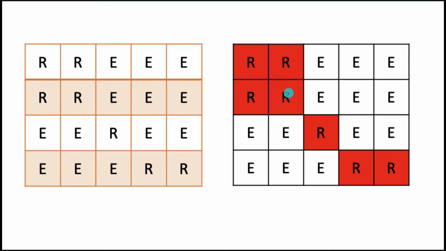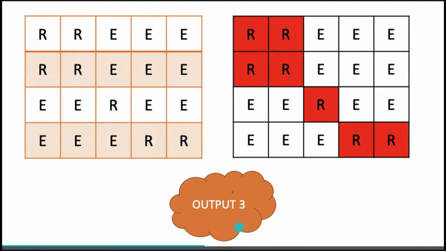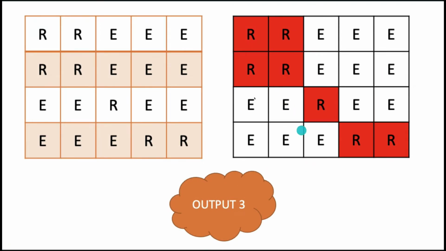The allowed direction is either horizontal or vertical. So we won't be able to erase these two red pixels together. By using one eraser tool, we'll be able to erase this only, and then by clicking another one, we'll be able to erase this only, and then this. So we'll need to use the eraser tool three times to remove all these rectangles.